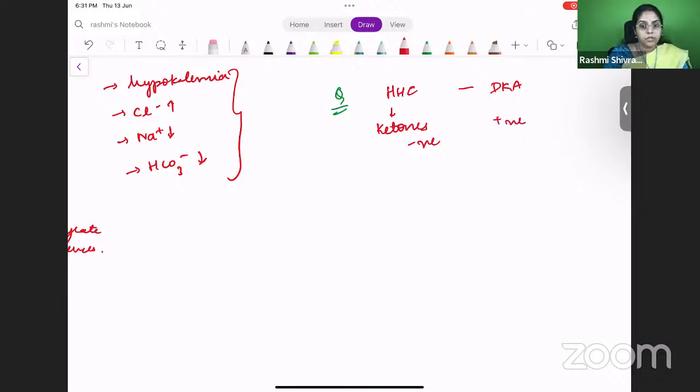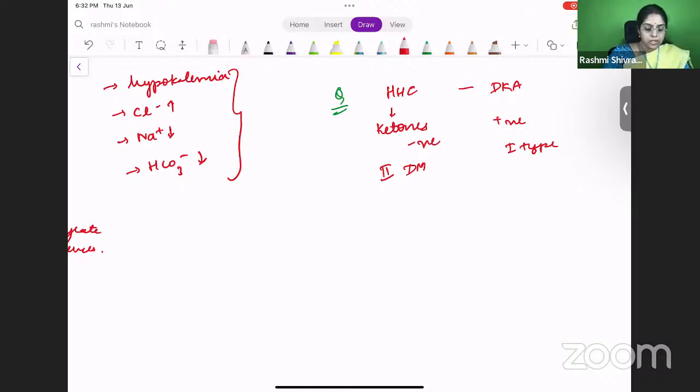DKA is mainly in type 1 diabetes mellitus, whereas hyperglycemic hyperosmolar coma is in type 2 diabetes. The age will also be middle-aged patients, whereas DKA is usually in younger ones. HHC is not very common; it is quite rare. Commonly we encounter DKA only.